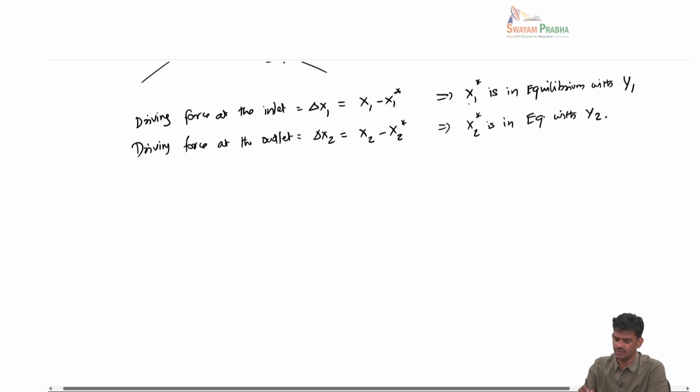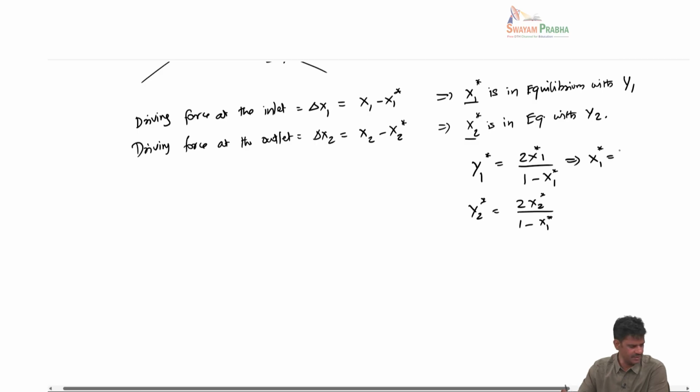Okay, so both x1 star and x2 star you can calculate from the equilibrium line for this problem. So you can calculate x1 star like this, and similarly for the x2 star you do like this. So from here you can get x1 star is equal to 5 into 10 power minus 5, and x2 star comes out to be 0.011.